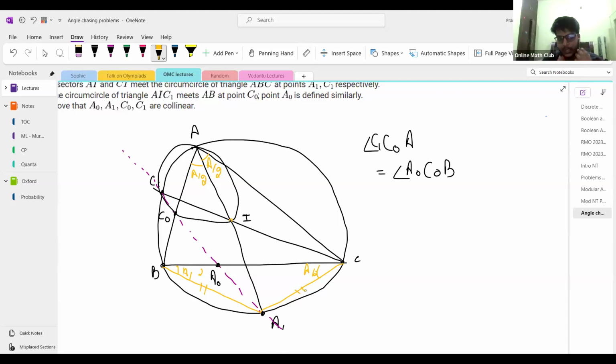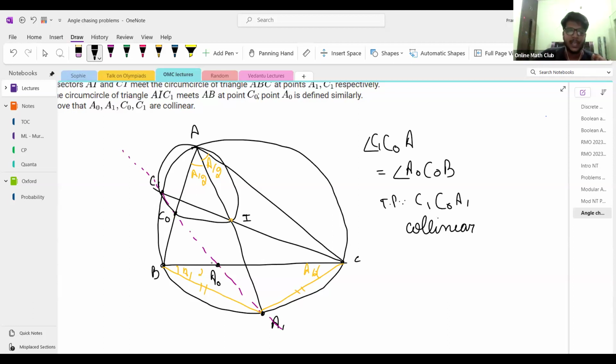Now, the thing you are trying to prove is that C1, C0, A0 are collinear, in which you don't know two points well. You know how C0 is defined, but you don't know it that nicely. So a better way is to try to prove that C1, C0, A1 are collinear, and then this will finish the problem.